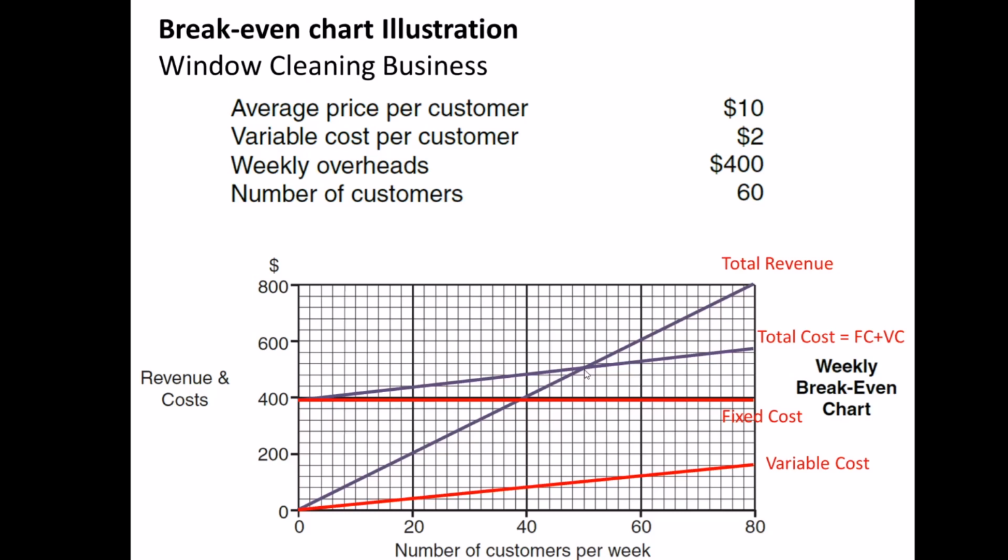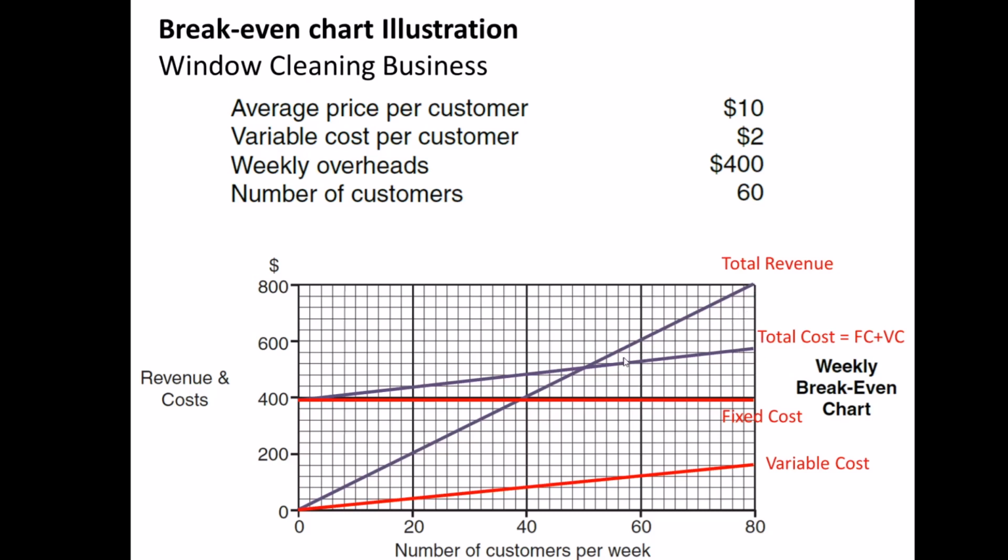Because you see here, before that, take a look at this. Your cost is higher than your revenue, at 10, at 20, at 30, at 40. And you can see that after the break-even point, your total revenue is higher than the cost at 60, and at 80 the total revenue is higher than the cost.